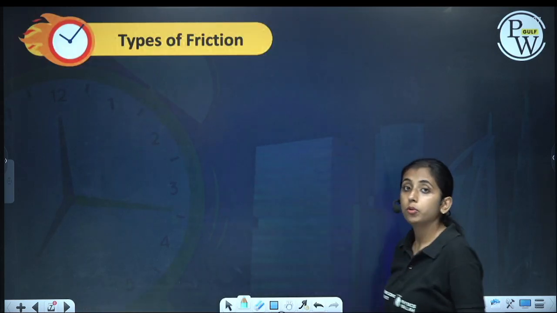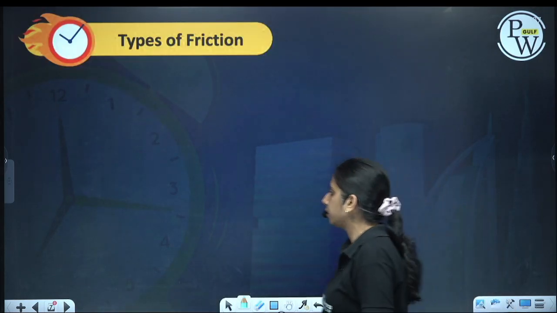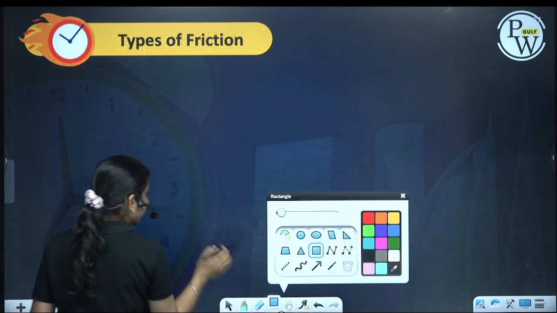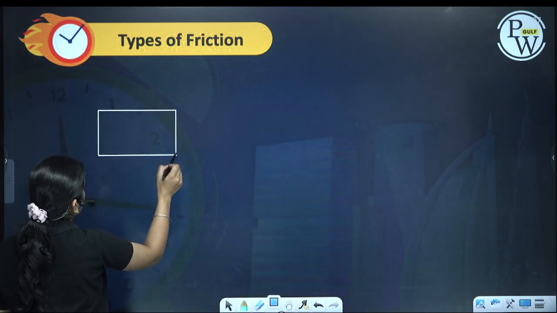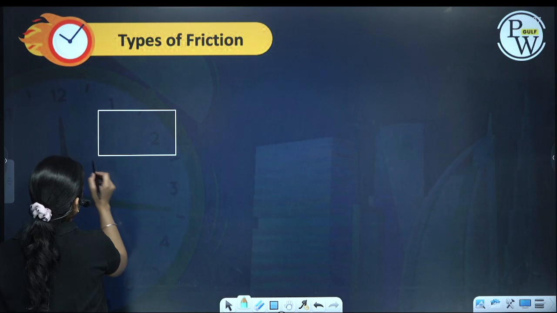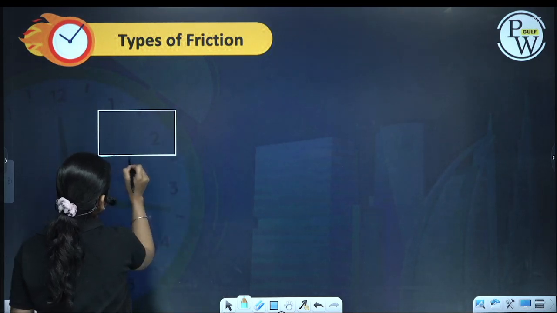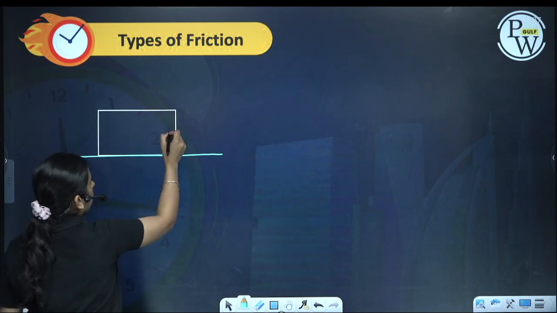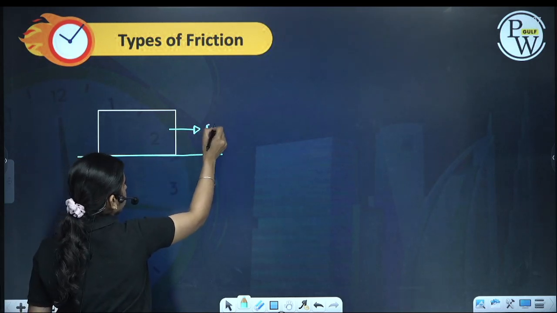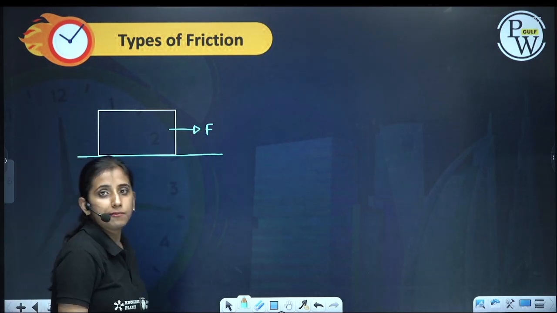Now let us come to types of friction. We have a block and a surface. We are applying a force F on this block.